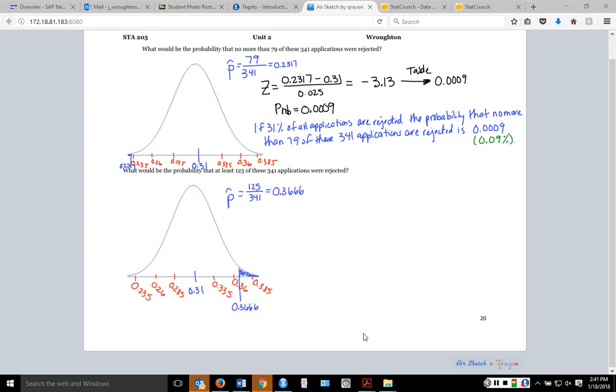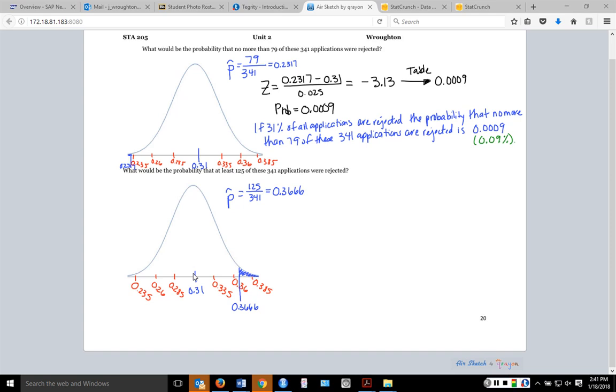So let's first see if we match on the picture. Again, same numbers along the bottom originally. My p hat this time is 0.3666. Put that on my picture. The "at least" then tells me to shade to the right. My answer is going to be smaller than 50%, because if I had everything to the right of the mean, that would be 50%.